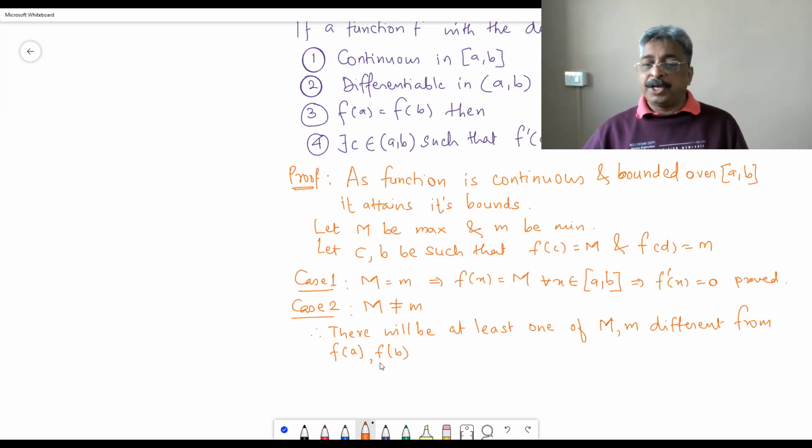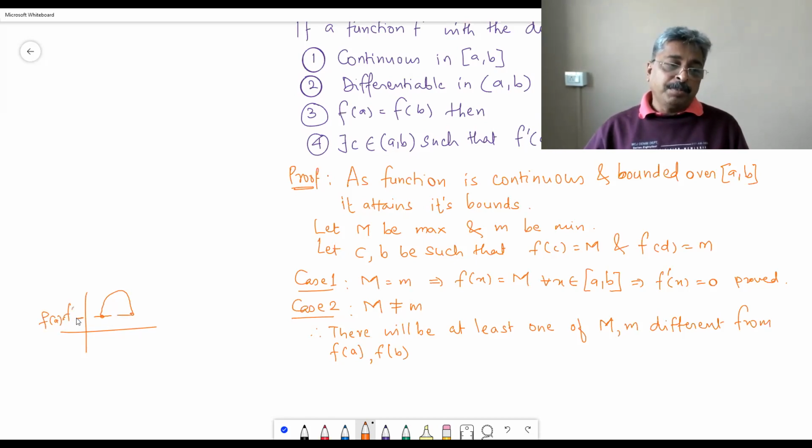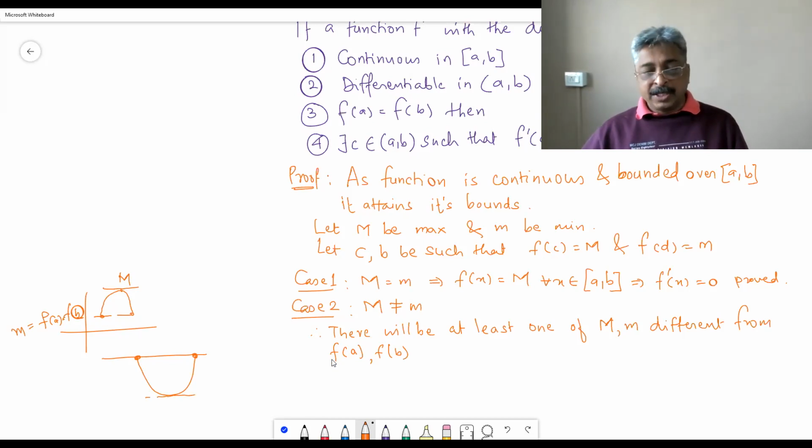Why? Because f(a) and f(b) are equal and capital M is not equal to small m. Now, if you have a graph like this, then this is the minimum, f(a) is equal to f(b) is equal to small m, so capital M is somewhere else. If the graph is like this, then capital M is equal to f(a) is equal to f(b), and you have small m somewhere else. So at least one of capital M, small m is going to be different from f(a), f(b).